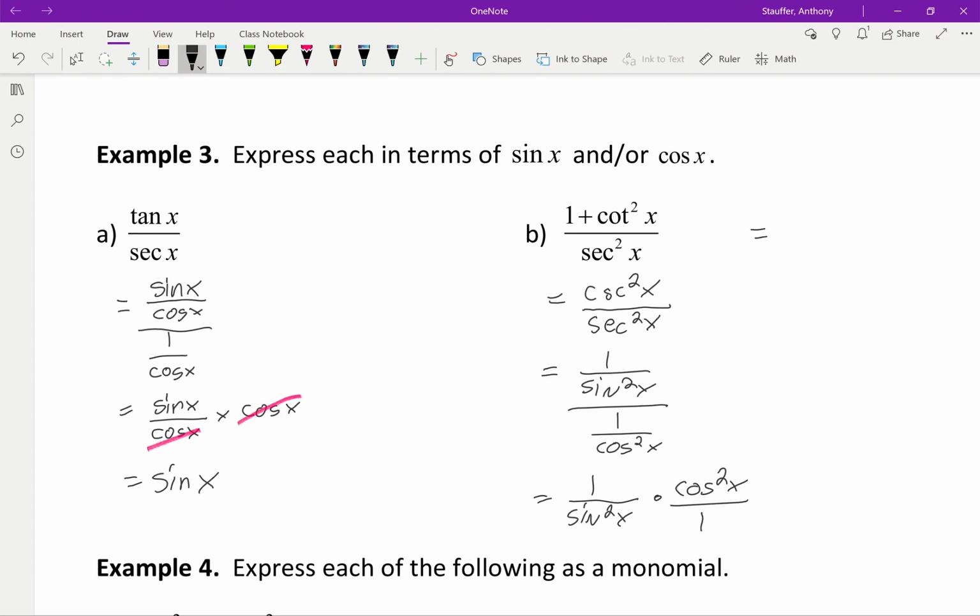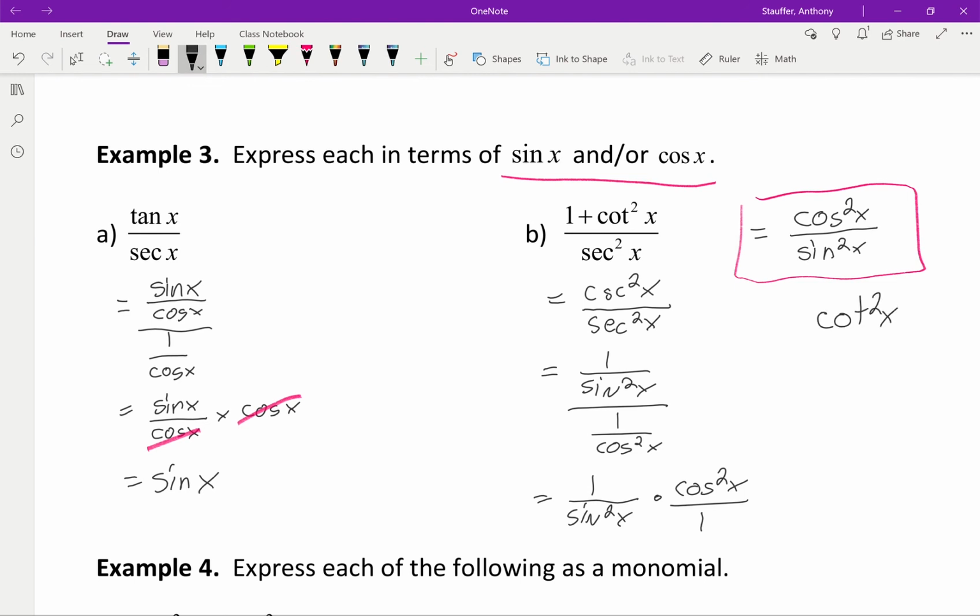So then this will take me to cos squared x all over sine squared x. Now, just because it said it wanted it in terms of sine and or cos, we would leave that as the answer, but you guys that are astute would also notice that this does equal cot squared x.